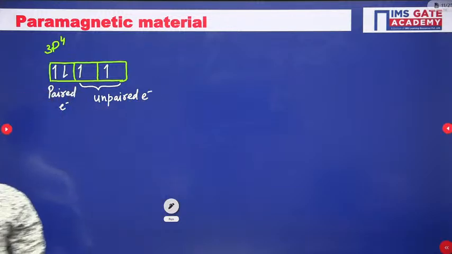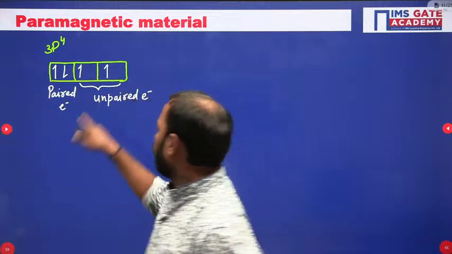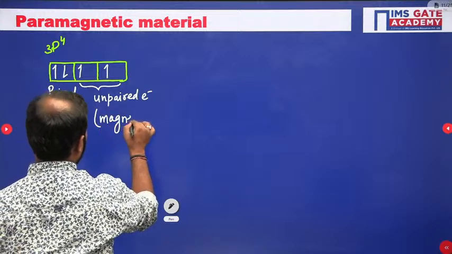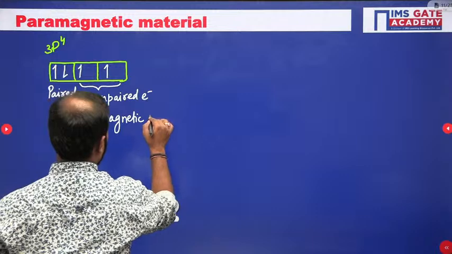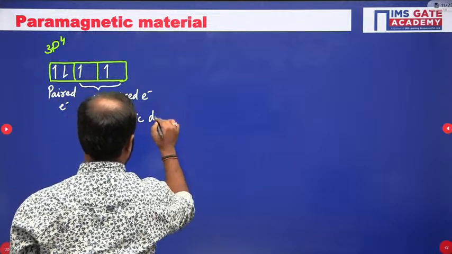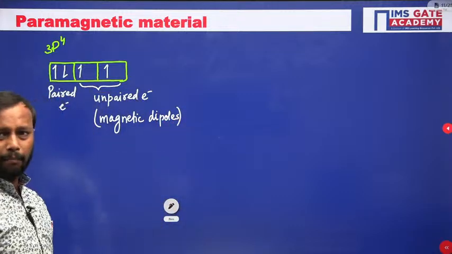And what is the function of an unpaired electron? It is going to create a magnetic dipole. Because of this, the dipoles are inside the material. And why?